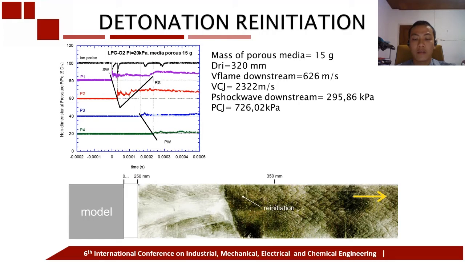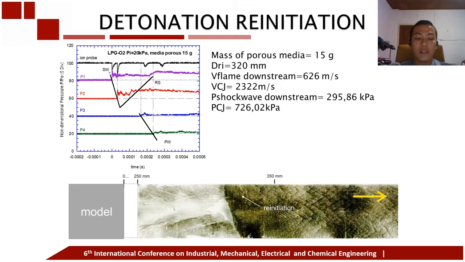The vertical axis corresponds to a non-dimensional pressure P/P0, while the horizontal axis corresponds to time. Time arrival and pressure of shock wave are indicated by the rise of P1, P2, P3, and P4 signals, whereas the time arrival of the flame front is indicated by the decrease of the ion probe signal.